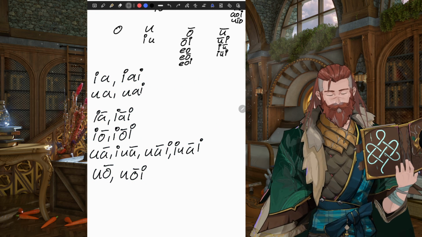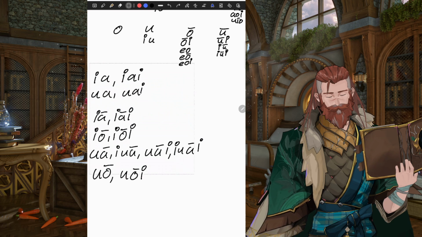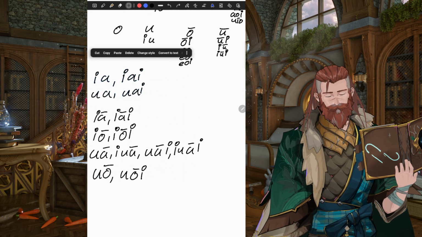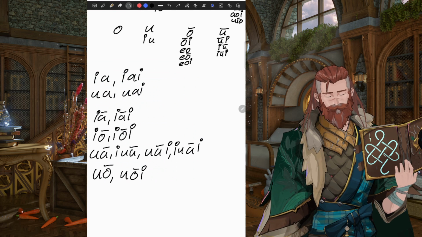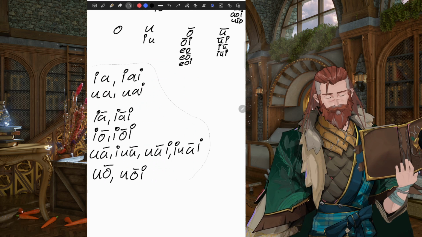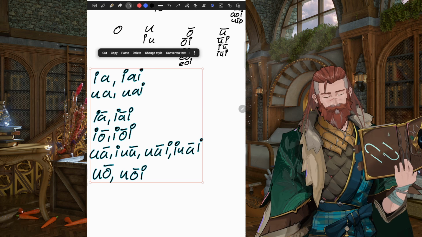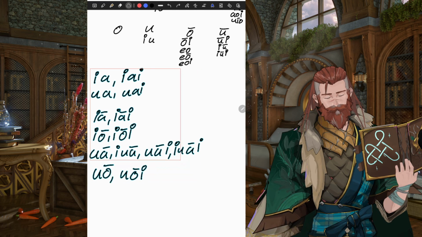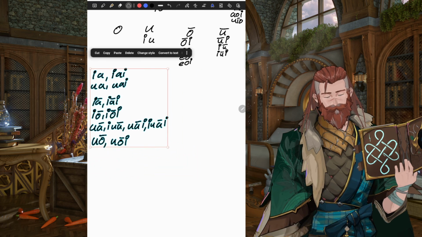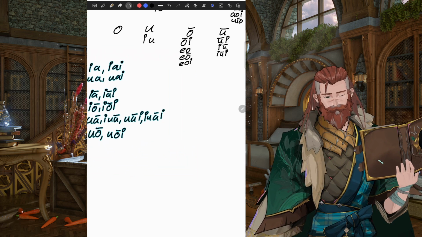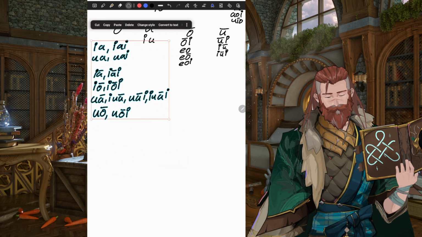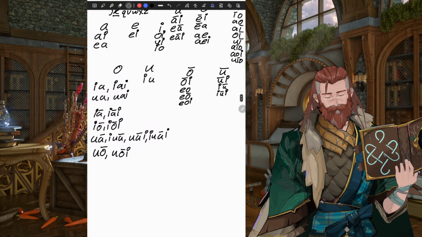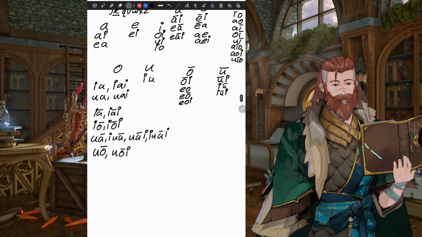One of these days. Let's switch to the last one on this. Ooh, this is getting kind of cluttered.